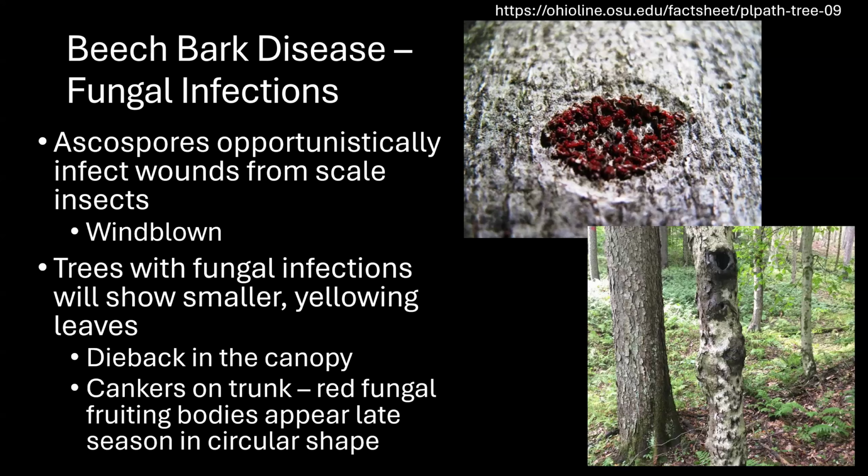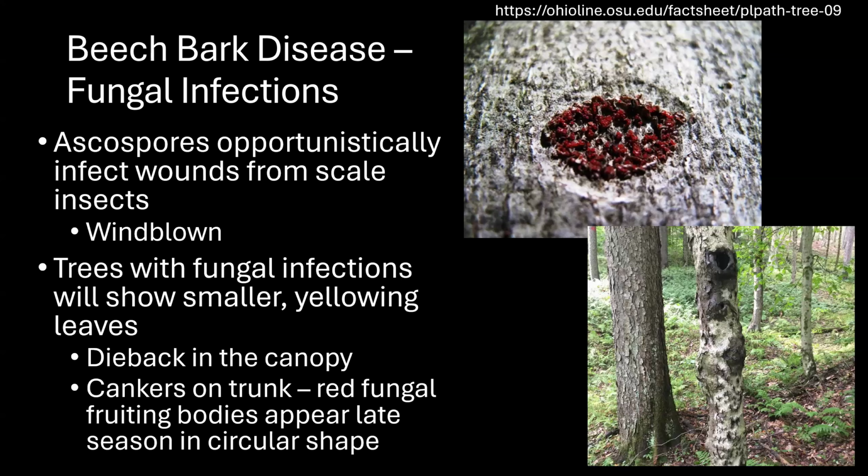Maybe you're starting to notice the canopy becoming thinner, so just more dieback in the branches of the canopy. And then, kind of this bottom picture, maybe you're also seeing what we call cankers, these wounded areas that are discolored and causing issues.